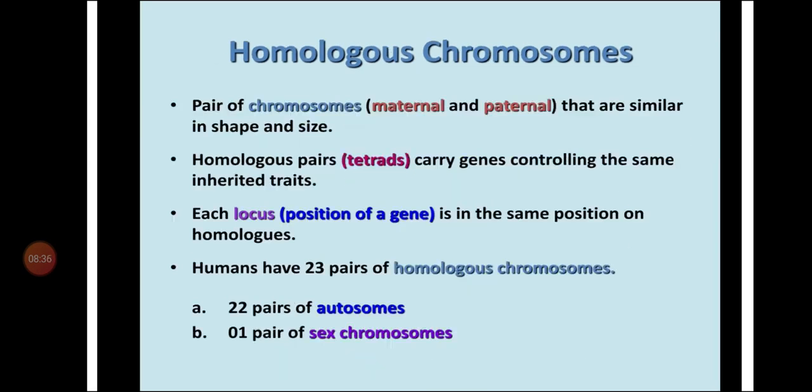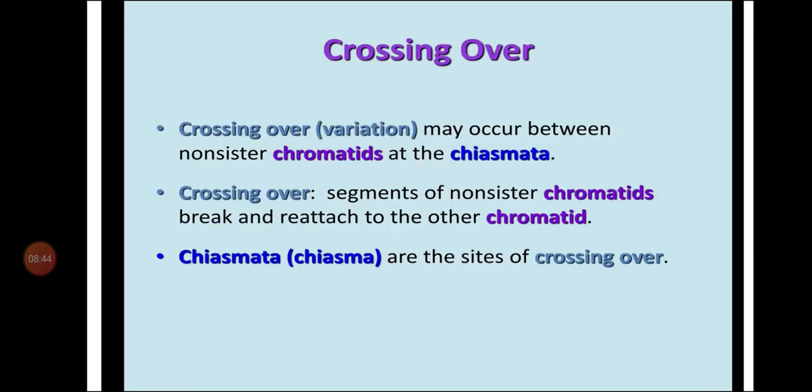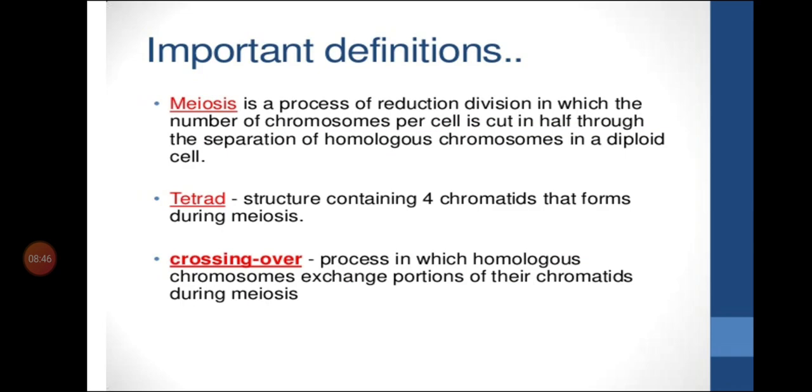So today we have studied the homologous chromosome, synapsis, chiasmata, and 23 pairs of chromosomes, and crossing over. There are some important definitions that you need to remember before studying in detail the substages of meiosis, that is leptotene, zygotene, pachytene, diplotene and diakinesis.